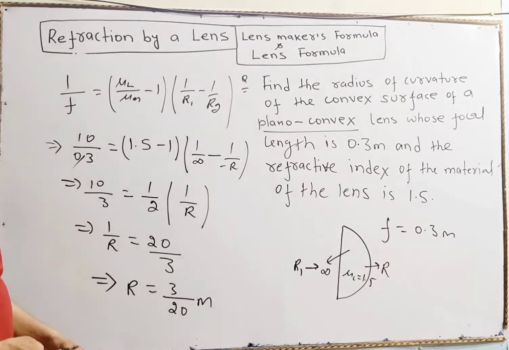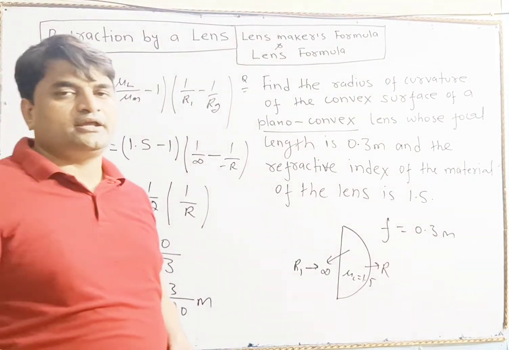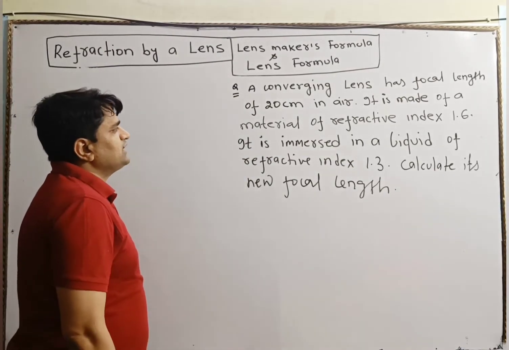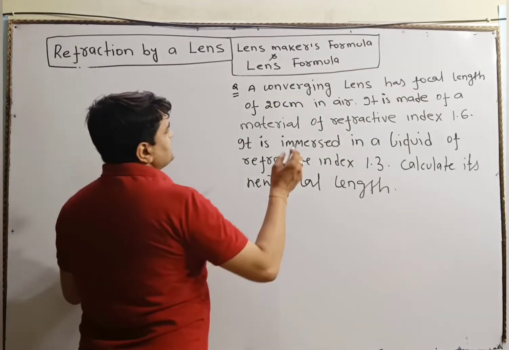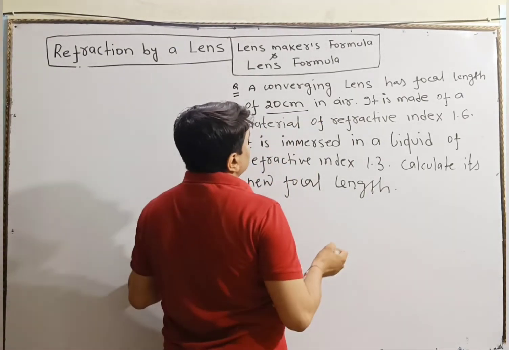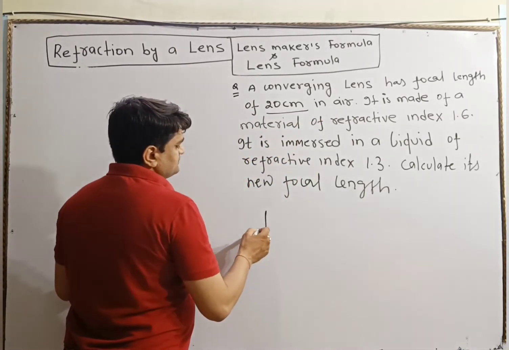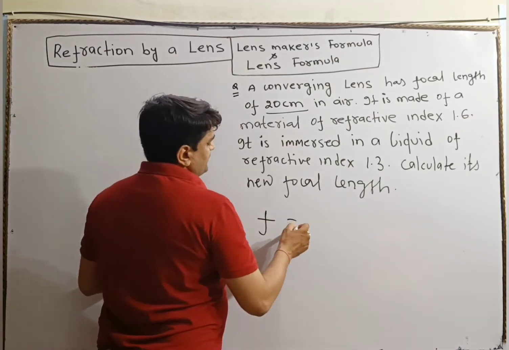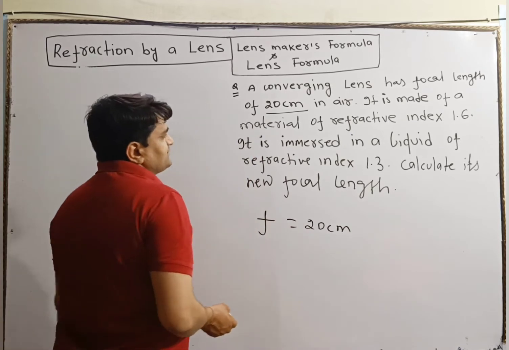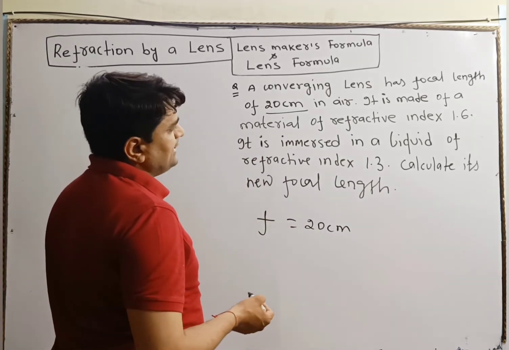Okay, 3 by 20. Next: a converging lens has a focal length of 20 centimeter. That means F is given as 20 centimeter, and it is converging, that means a convex lens in air.